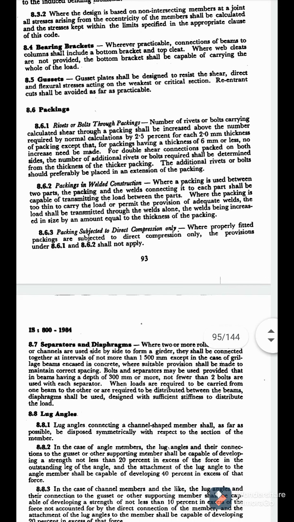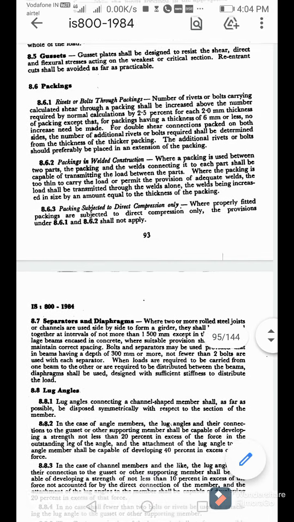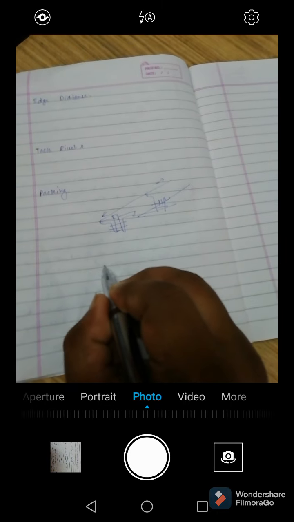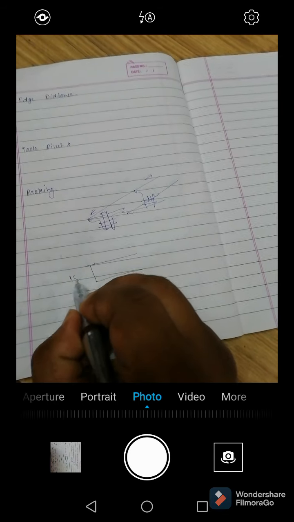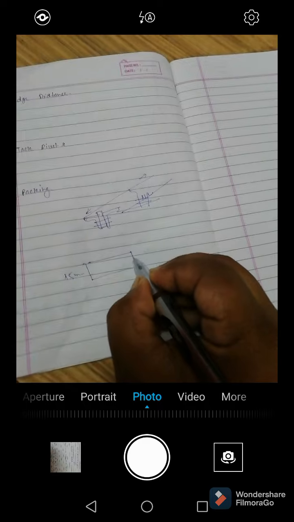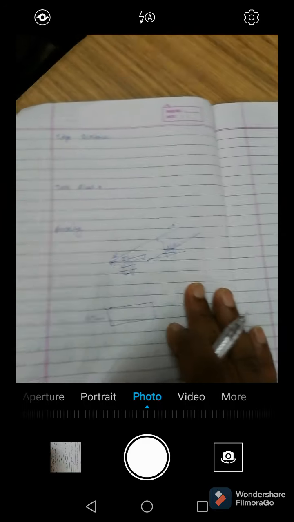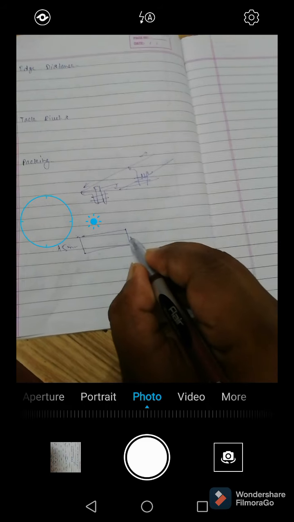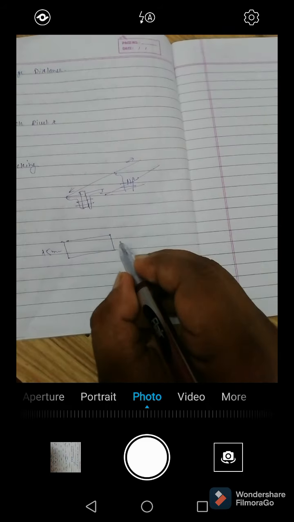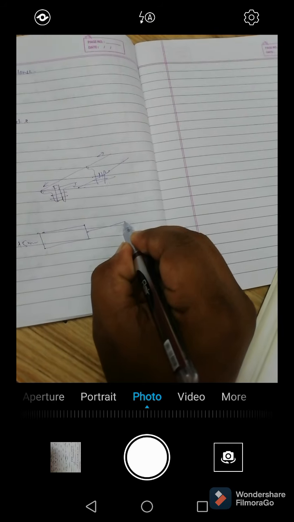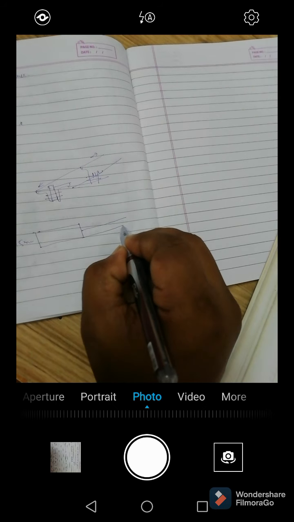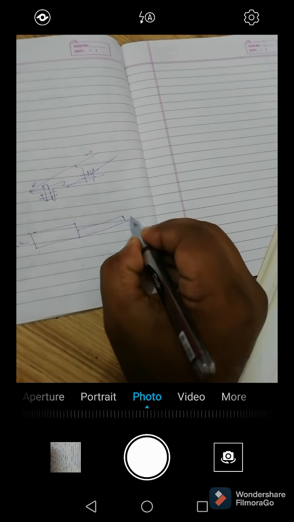Actually, what happens now? Suppose that we are going to connect two plates of different thickness. So this is a plate of 15 mm thickness, and due to some structural problem or economical problem, for whatever reason, we do not have the same thickness, so we have to use a different, thicker plate. Suppose that this is your 10 mm.